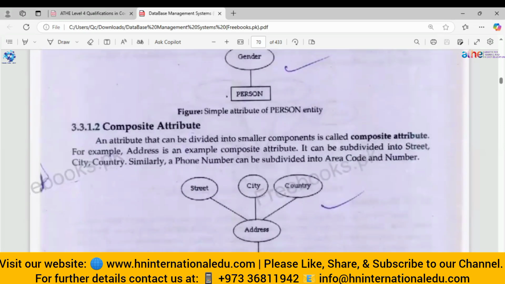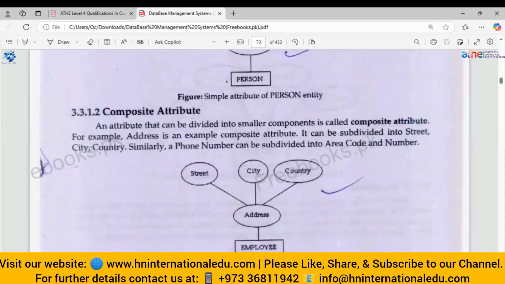We have discussed the attributes. So we have also different types of attributes. Composite attributes are the attributes that can be subdivided. Just like if I say that name is the attribute of a person, but name can be further divided, like first name, middle name, last name.